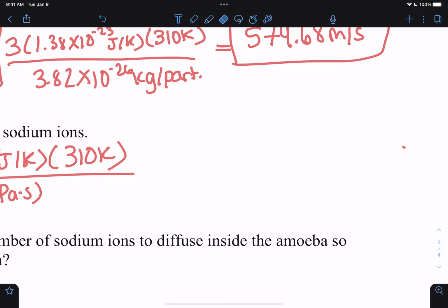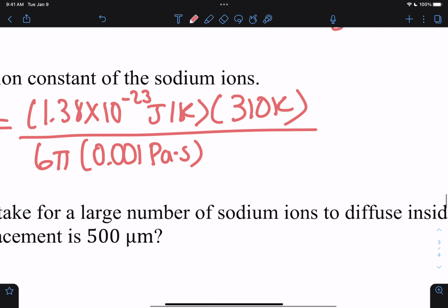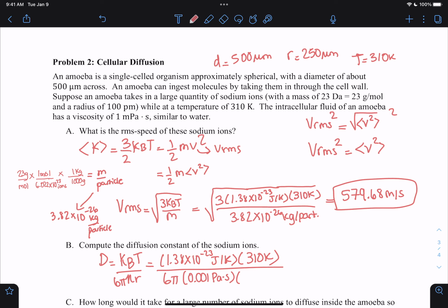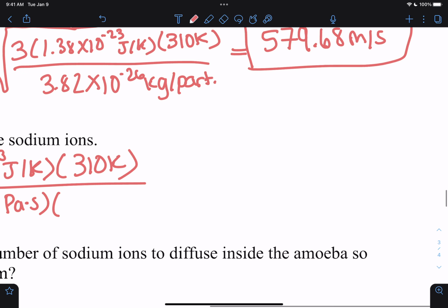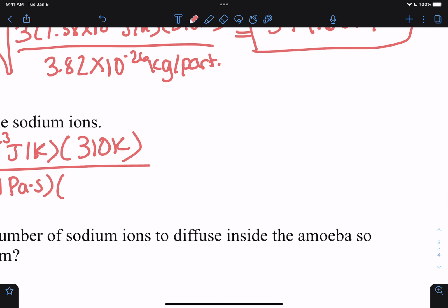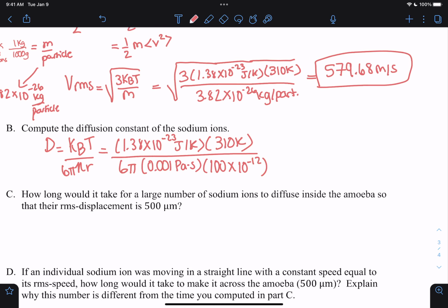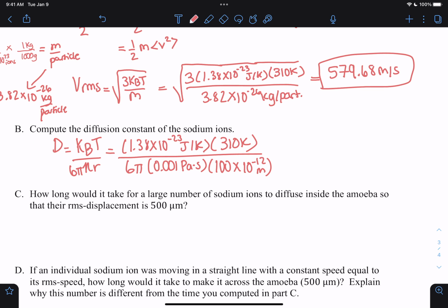But you just divide by 1,000 to get the pascal seconds, and then you also have the radius, which is 100 picometers. And so remember, deci, centi, milli, micro, nano, pico: 1, 2, 3, 6, 9, 12. So that would be 100 times 10 to the negative 12 meters.